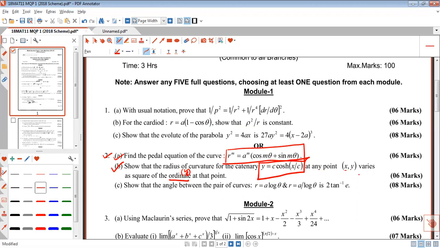We want to prove that the square of the radius of curvature, that is rho, varies as, is proportional to, the square of the ordinate, that is y square. So let's solve this question.